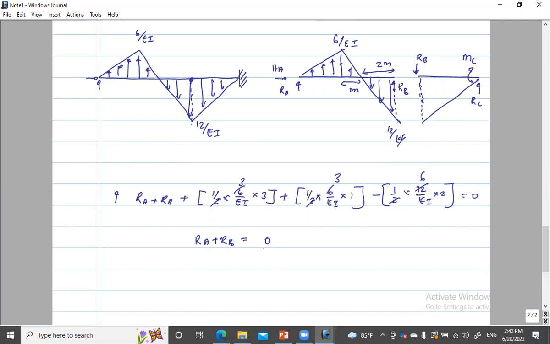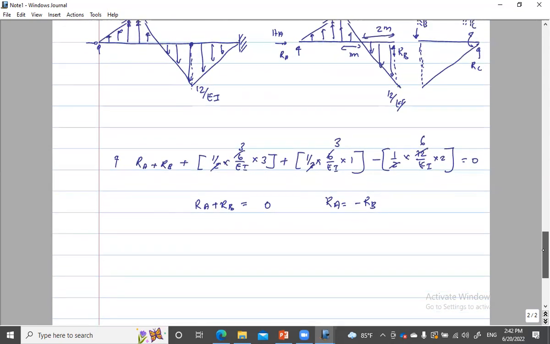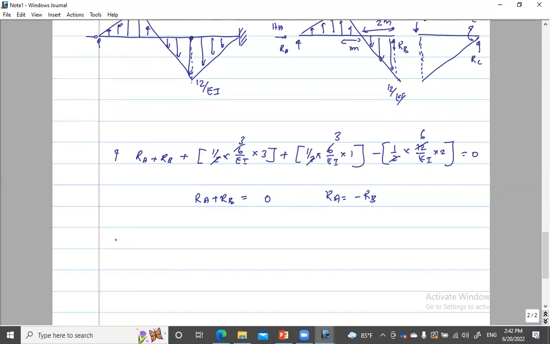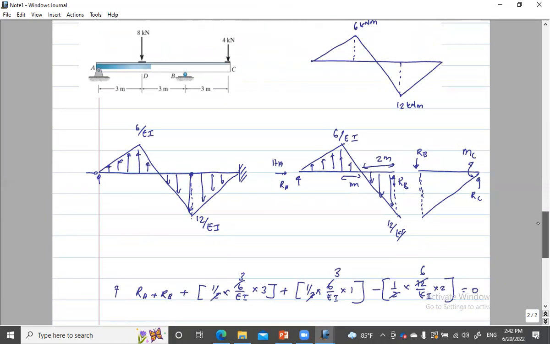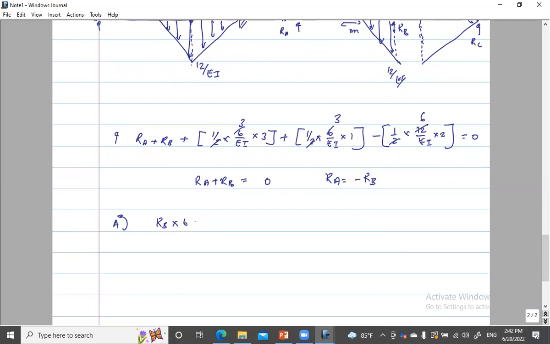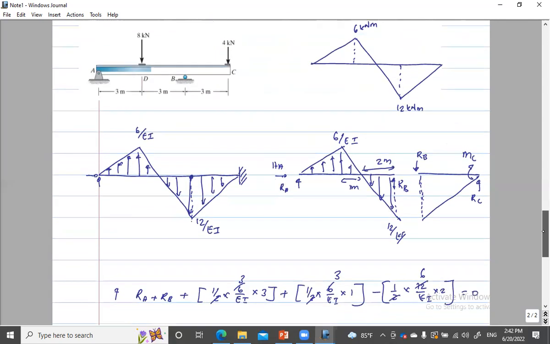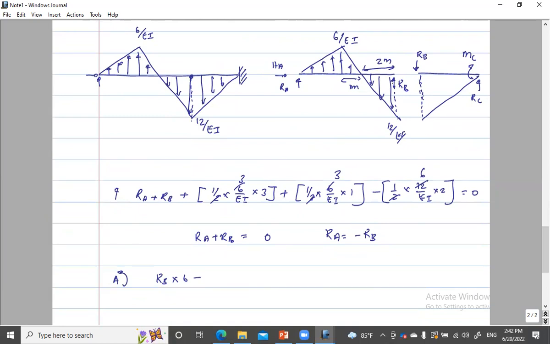So RA is equal to minus RB. So if you take moment about A, RB into the distance to RB is 6. RB into 6, RB is acting upward, so it's counterclockwise.